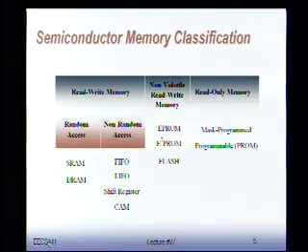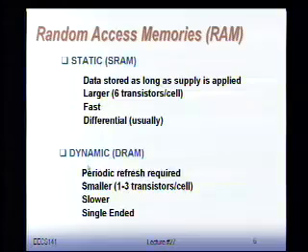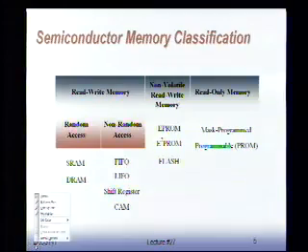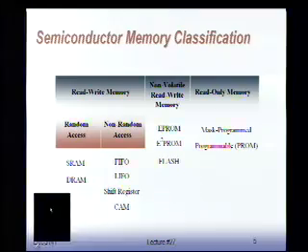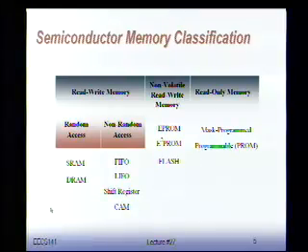There are two major types of random access memory that people play around with. There's actually three. One of them we call SRAM. SRAM stands for Static Random Access Memory.